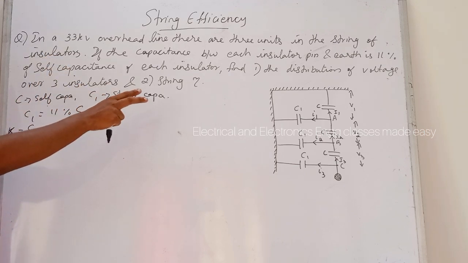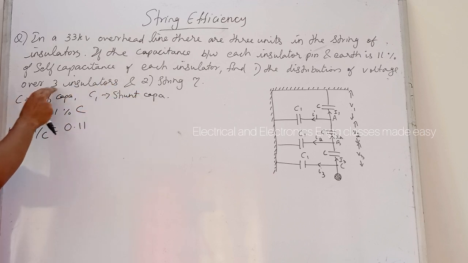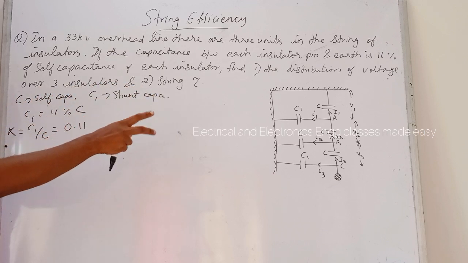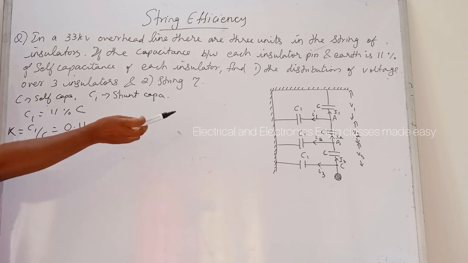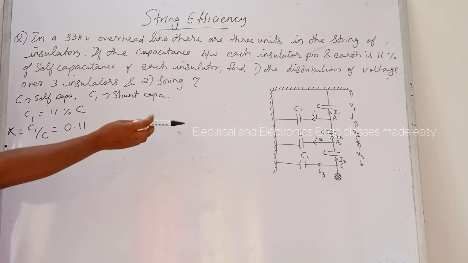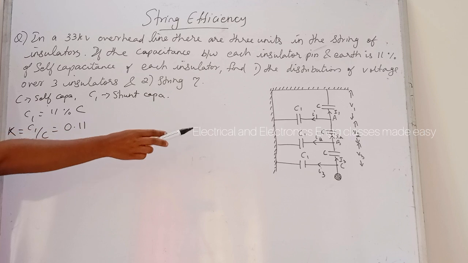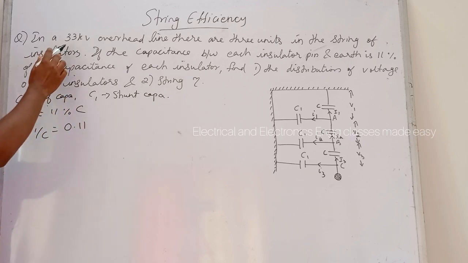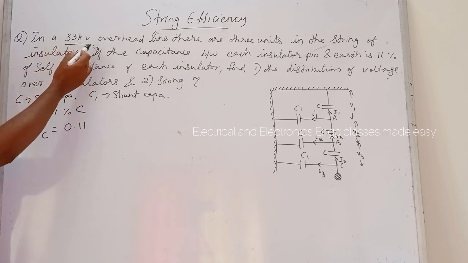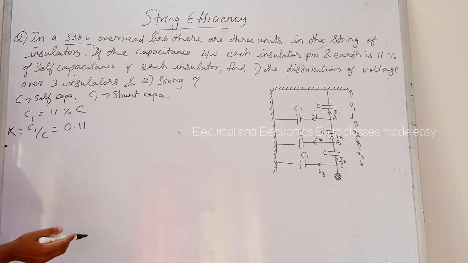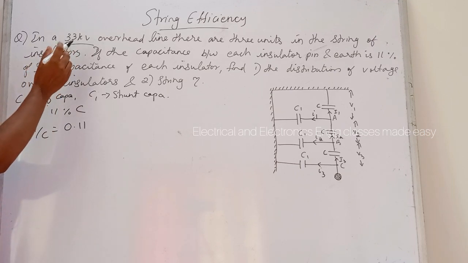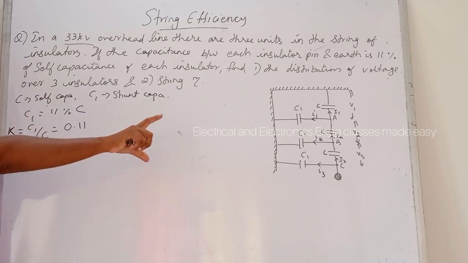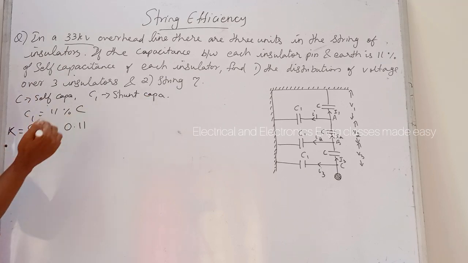So first we have to find the distribution of voltage over the 3 insulators, that is V1, V2, V3. For that we have to apply Kirchhoff's current law at the junctions A, B. Before that, it is given a 33 kV overhead line. This 33 kV means it is the line voltage. So here the string voltage is equal to the phase voltage.